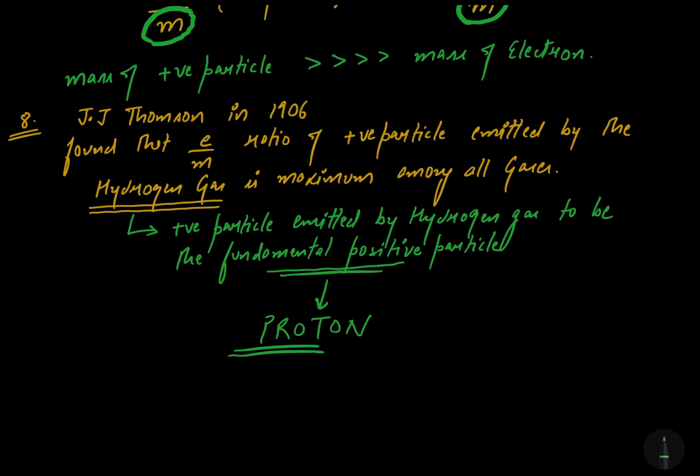So Sir J.J. Thomson got the charge to mass ratio of positive particle emitted by hydrogen gas to be the maximum. So he has taken the positive particle of hydrogen gas to be the fundamental positive particle and named it as proton.